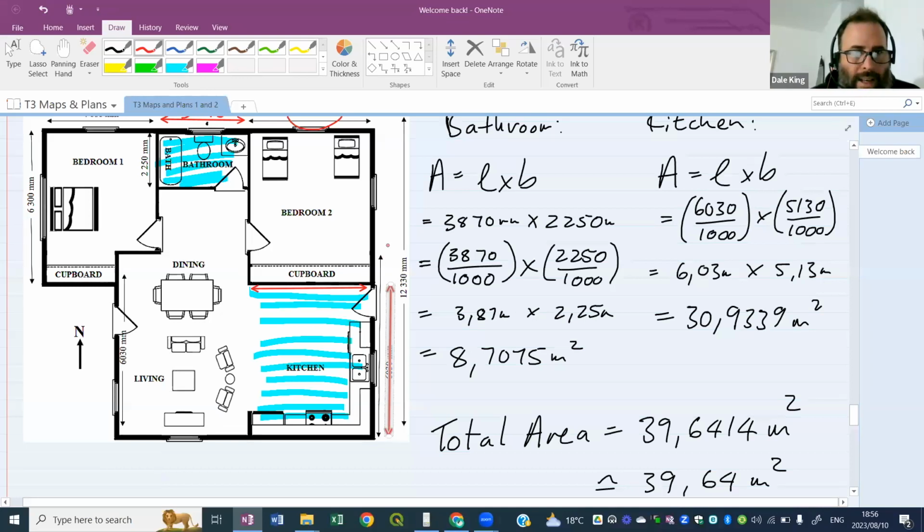You see on the left-hand side here, this piece of the arrow goes all the way down to that line, and this piece of the arrow overlaps. They're both covering the same area. So I think that kitchen length is shorter than what's marked on there. So we're using the 6030 on the right-hand side. Okay, sir. Thank you. Our pleasure.